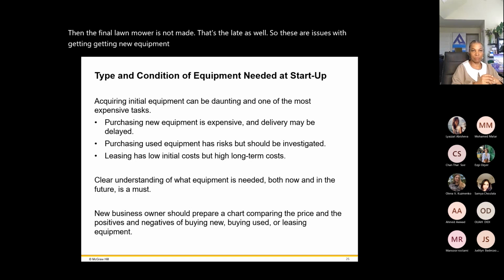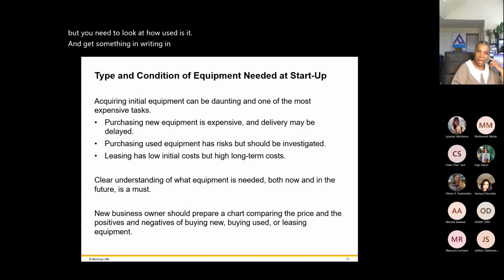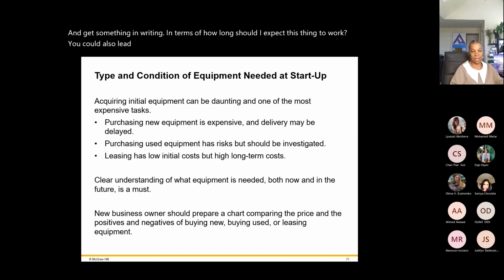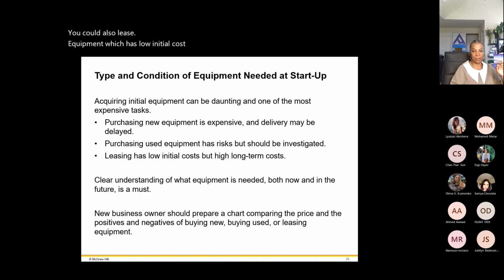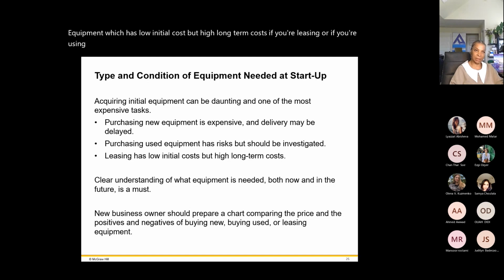If you use used equipment, the equipment is already there, but you need to look at how used is it, and get something in writing in terms of how long I should expect this thing to work. You can also lease equipment, which has low initial costs, but high long-term costs, or you can use credit, and you've got to look at the credit rate and so forth.